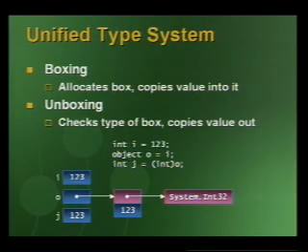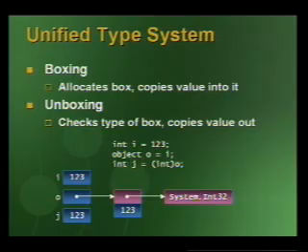If you look at the little graphic below the statements, the first statement declares an int and puts a value 123 into it, and so now we have 32 bits containing the value 123. When I assign that int to an object, whenever I assign a value type to an object, the system boxes the value.